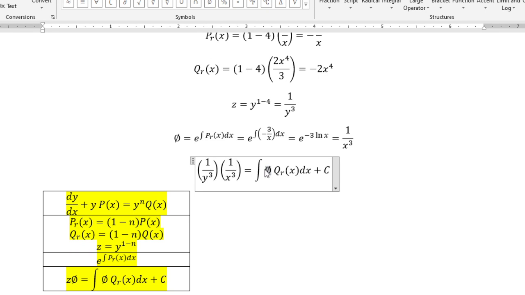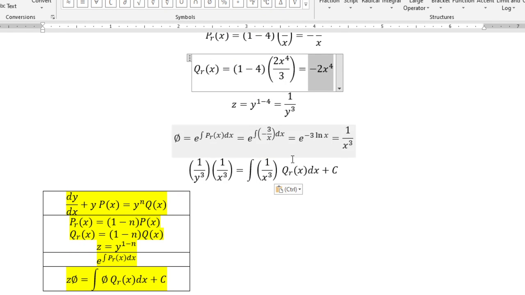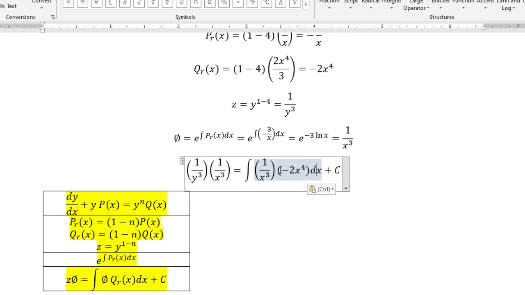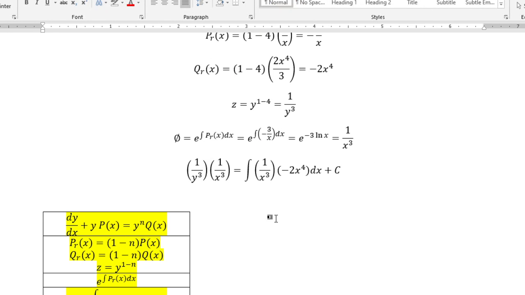And then, p ulit, 1 over x cubed. And then, qr of x will be negative 2x to the fourth. Okay, dx plus c. So, just simplify lang natin.